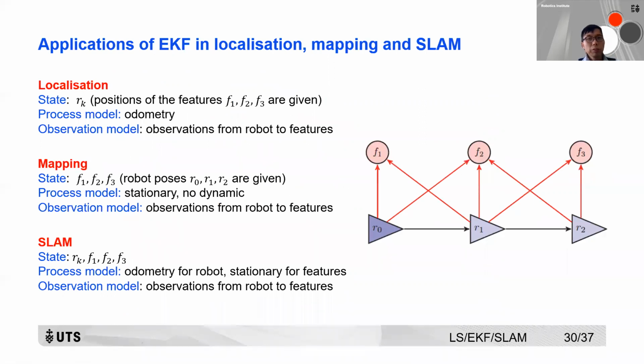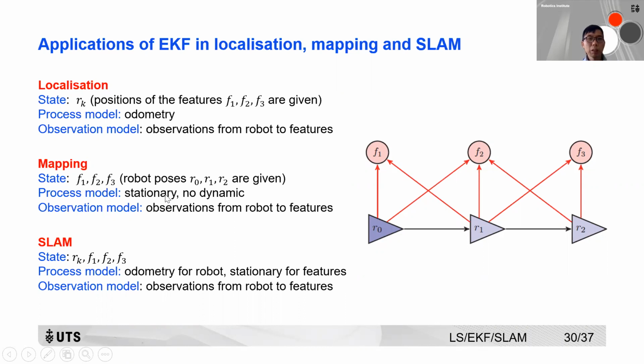For EKF, you can apply it in localization, mapping, and SLAM. For localization, the state to be estimated is the robot pose at time k. Nothing else, just robot pose. For mapping, we are estimating the features. In this case, features have no dynamics. Basically, they are stationary.